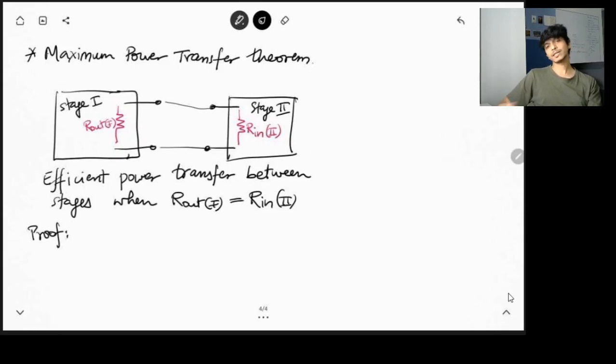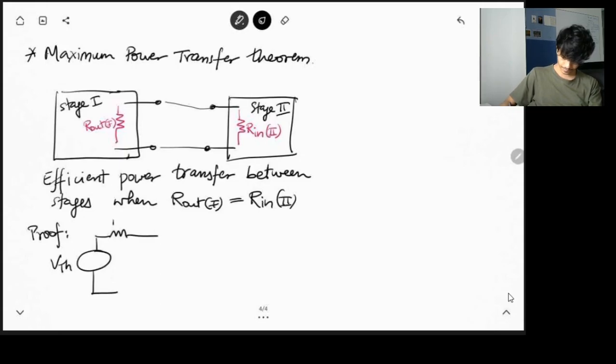So stage 1 is some complicated circuit. We can write it effectively using Thevenin's theorem in terms of some V Thevenin and some R Thevenin. And this R Thevenin is exactly this effective output resistance, R out 1.